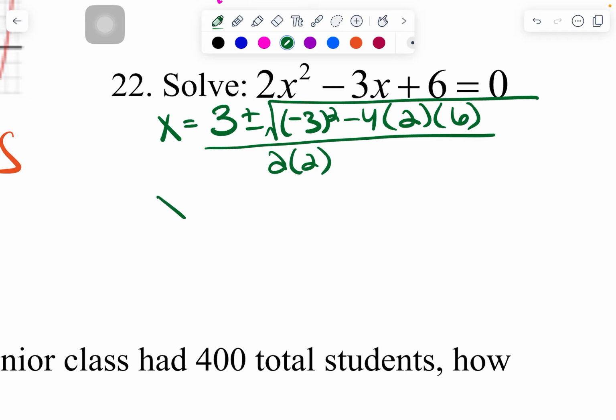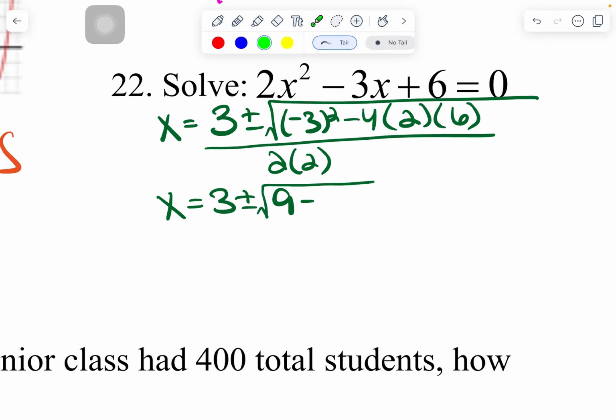All right, now to actually simplify this. So 3 plus or minus, -3 squared is 9, minus 4 times 2 times 6, 48, so minus 48, all over 2 times 2 is 4.